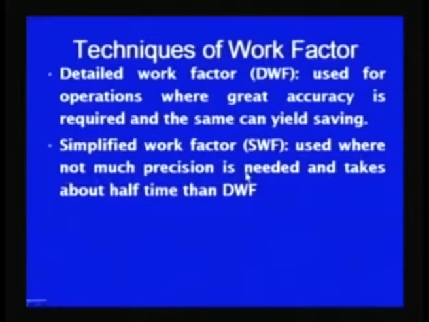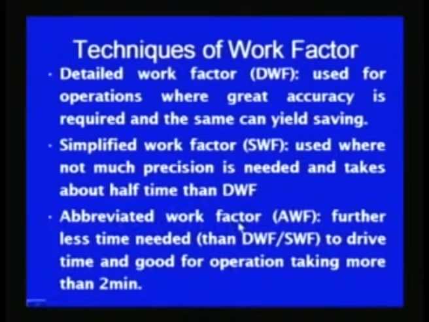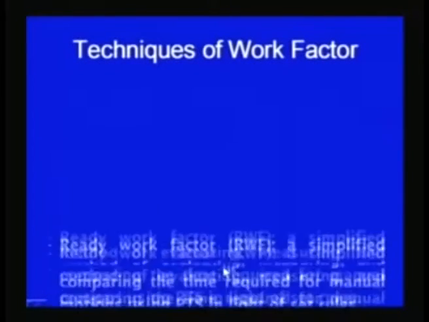The simplified work factor is used where not much precision is needed, and takes about half the time of the detailed work factor method. The abbreviated work factor method is another method which takes even less time to develop the time required to carry out the job, and it is found to be good for operations which take more than 2 minutes.